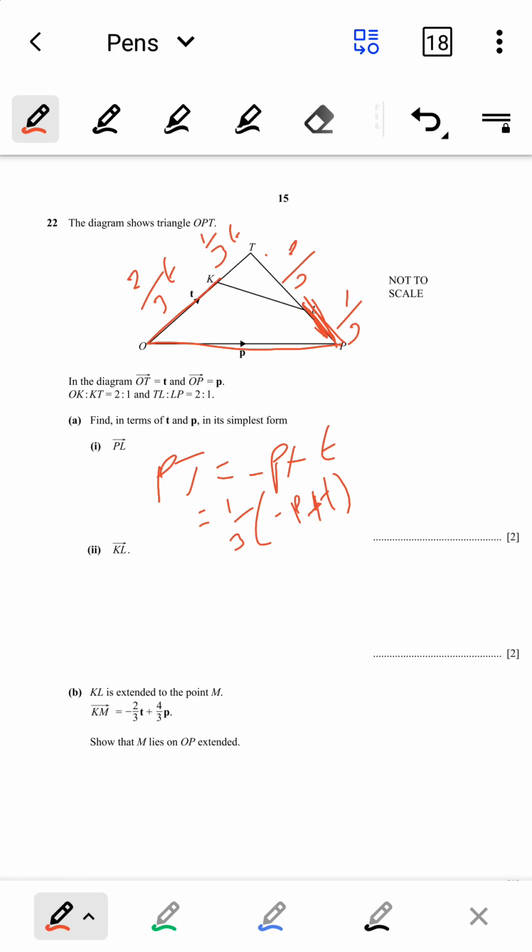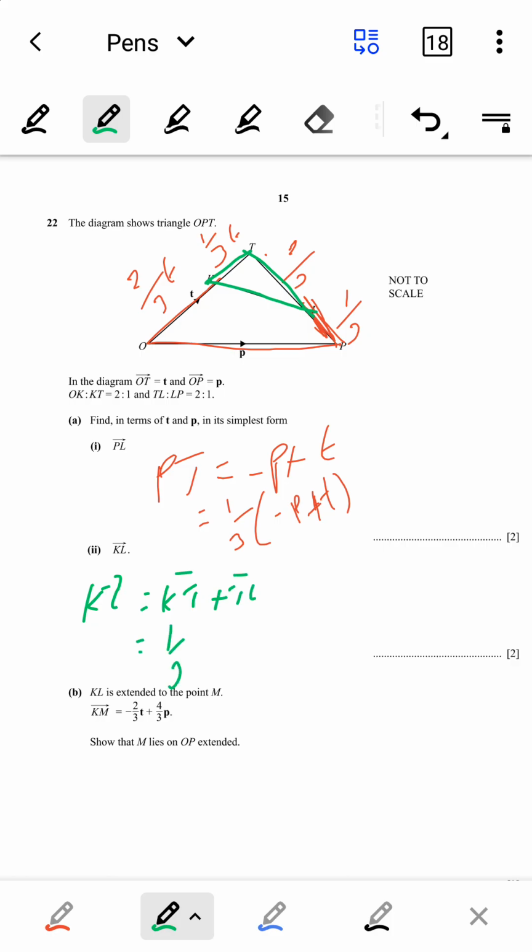So very simple. Then the KL vector, look at here, I'll be using another color, KL. This will be KT and this region, KT plus TL. So the KL vector equals KT plus TL.